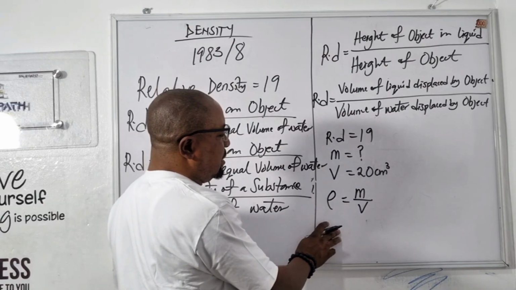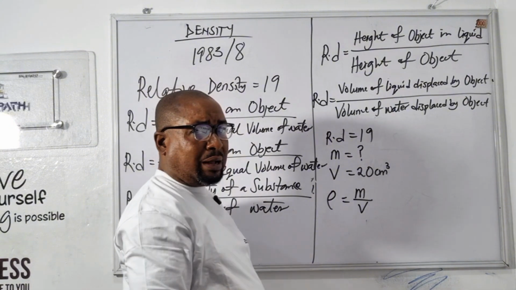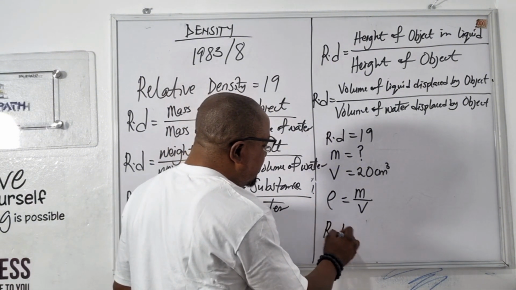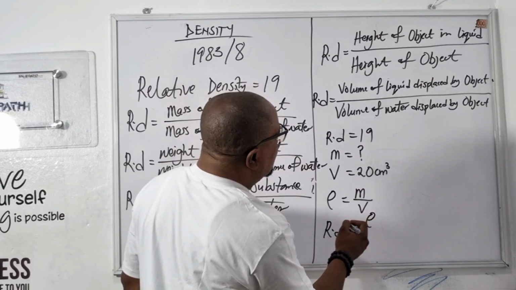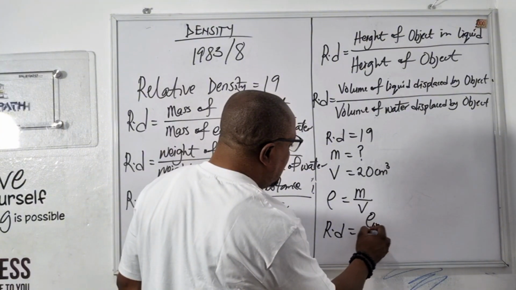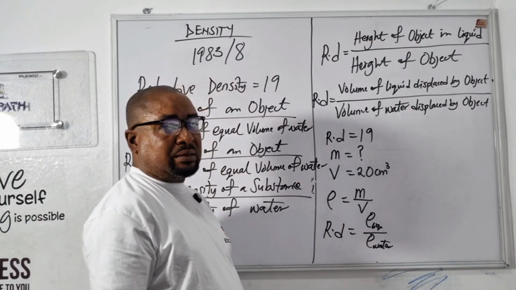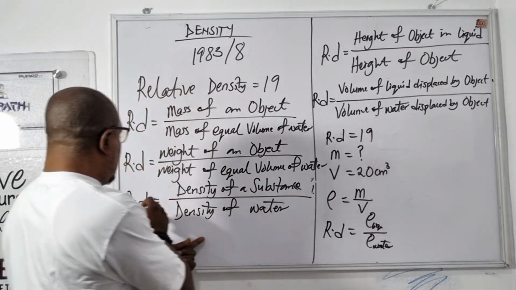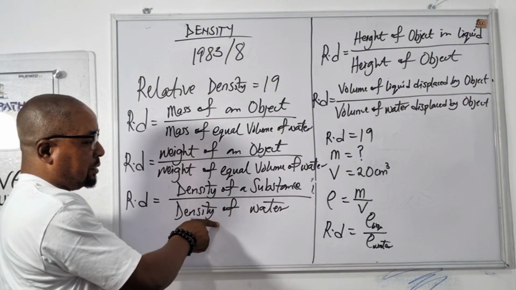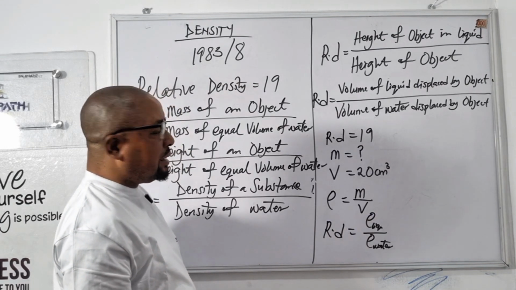And relative density is equal to density of object over density of water. This is formula number 3, very, very important. So from here we can get the density of the liquid.